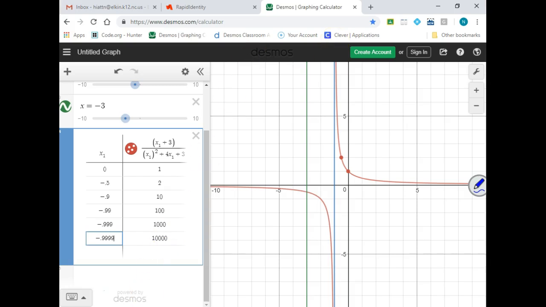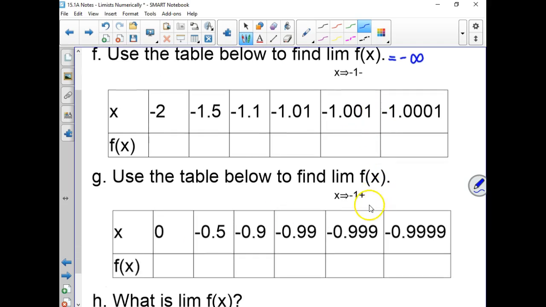So our limit as x approaches -1 from the right would be positive infinity.